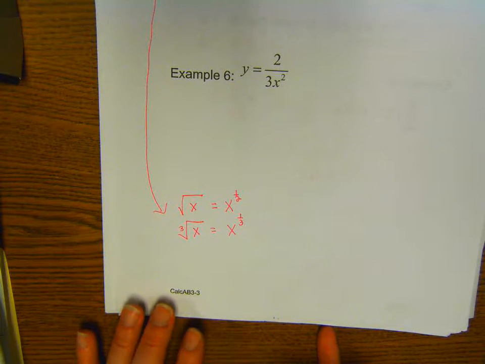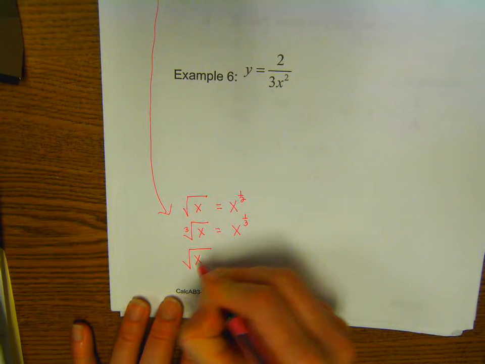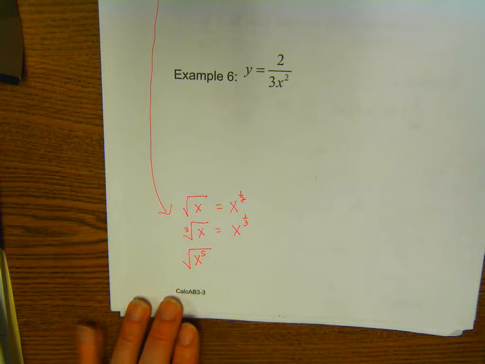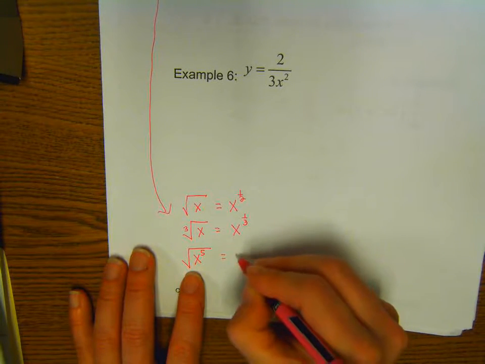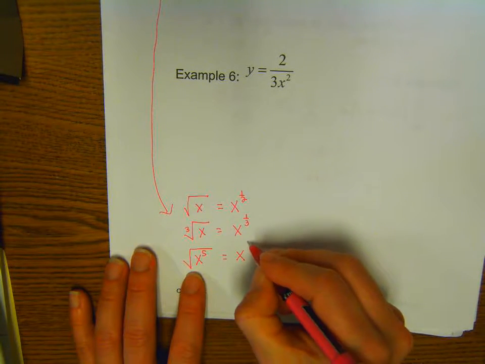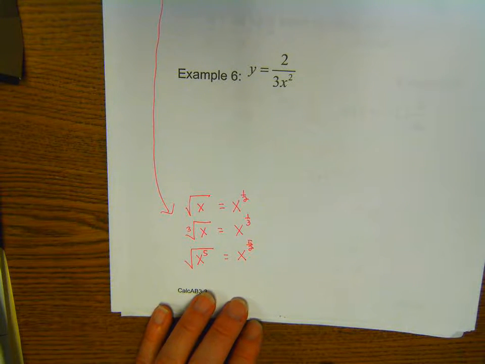You can also see things like this. Do you remember how you'd write this? 5/2. Don't put it away, just ignore it.